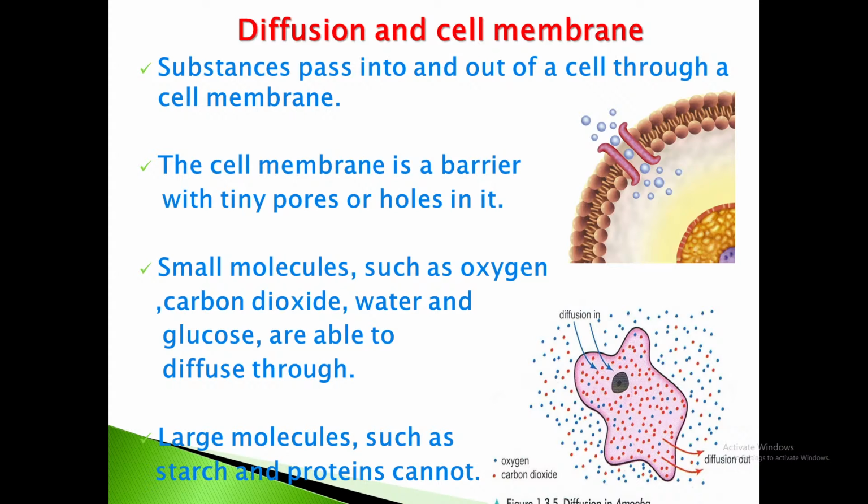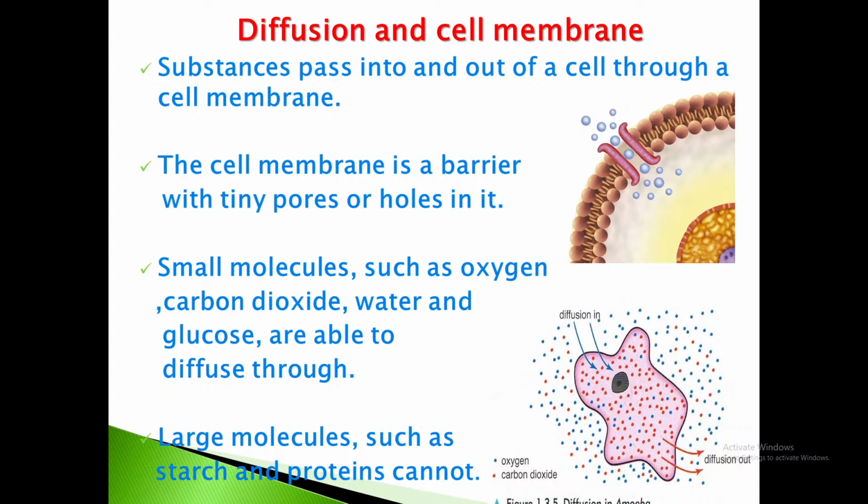Alright, so diffusion and the cell membrane. We're looking at the cell membrane now because in an animal cell, for example, the cell membrane is what separates the inside components of the cell from the surroundings.